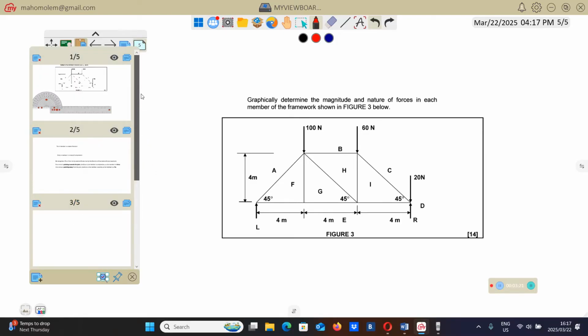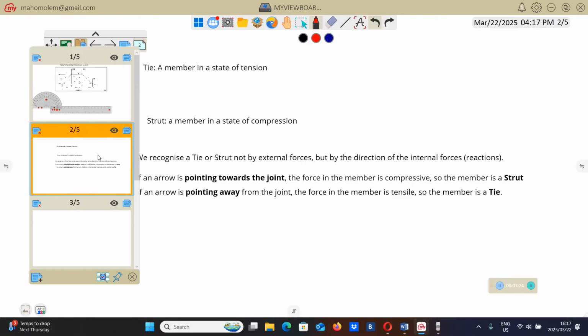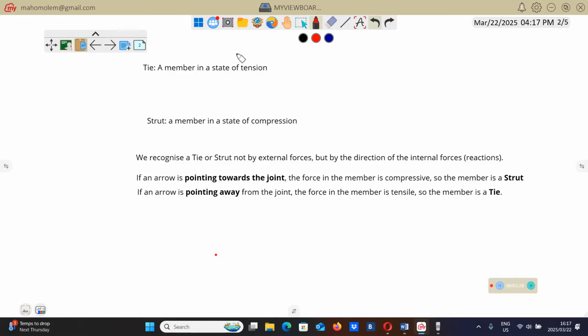Yeah, so let's go to this introduction page. Now, let's start by understanding what is a tie, what is a strut. So if you have something, that thing can be either horizontal like this, or it can be vertical like this.